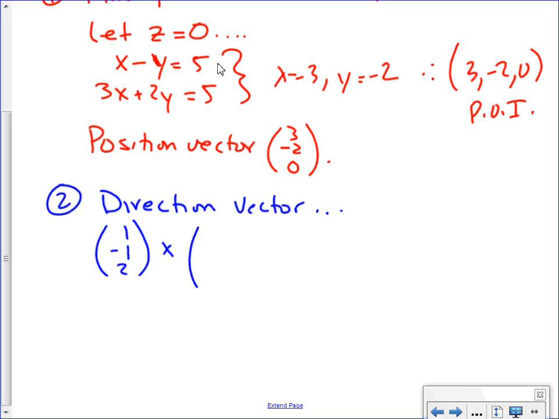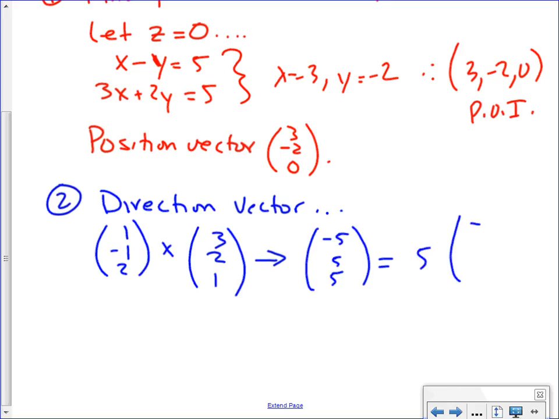This is the cross product of the direction vectors of the 2 original lines. What is it? -5, 5, 5, which has a scalar of 5. So really it's just -1, 1, 1. So this would be your direction vector.